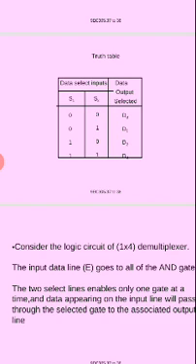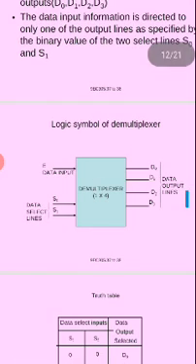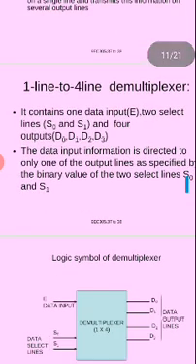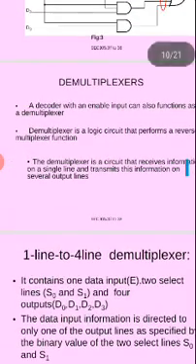We discussed multiplexer with gate level, and we discussed the symbols of the multiplexer and the demultiplexer. Demultiplexers also discussed.